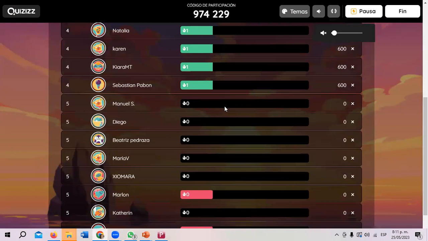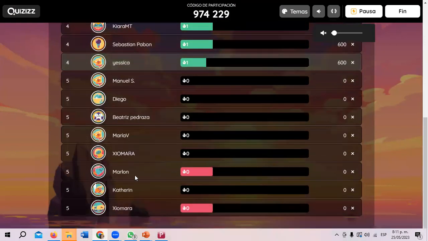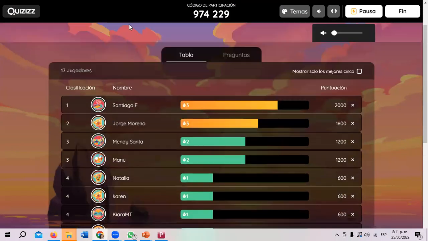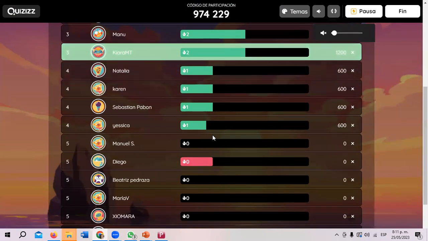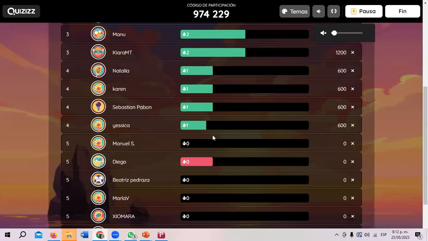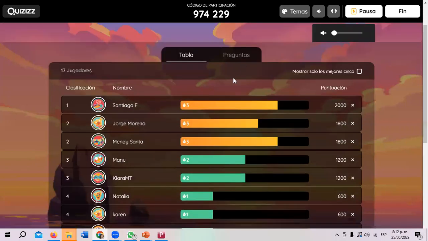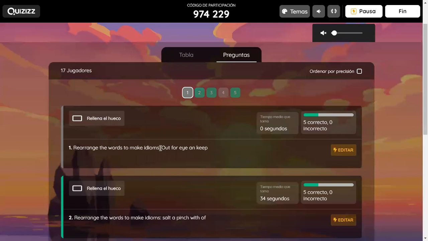Manuel, Diego, Beatriz, Maria. Teacher, it is difficult. We studied the idioms, no? Before. I wasn't understanding the activity, teacher. You need to rewrite the words that you see. Rewrite them to form the idiom.